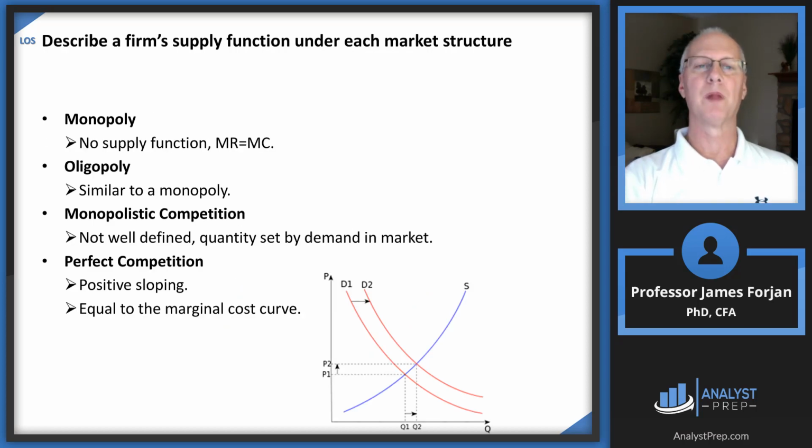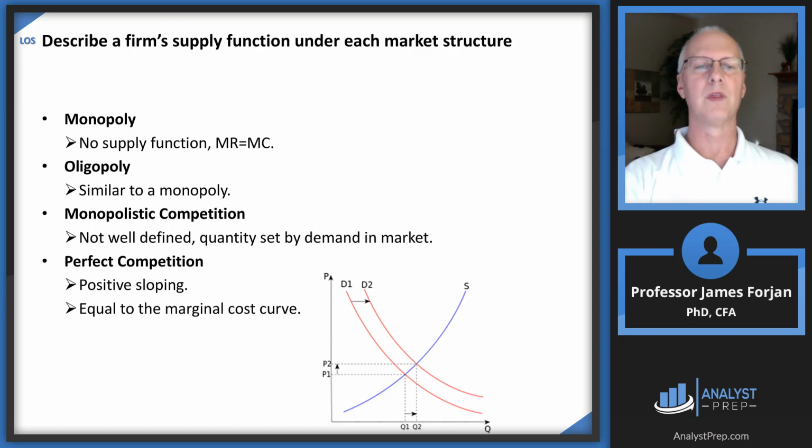Now, how about the supply function under each market structure? For the monopolist, remember, they're supplying the entire market. So their supply function is fixed because they know what the market is and they know what it can produce.